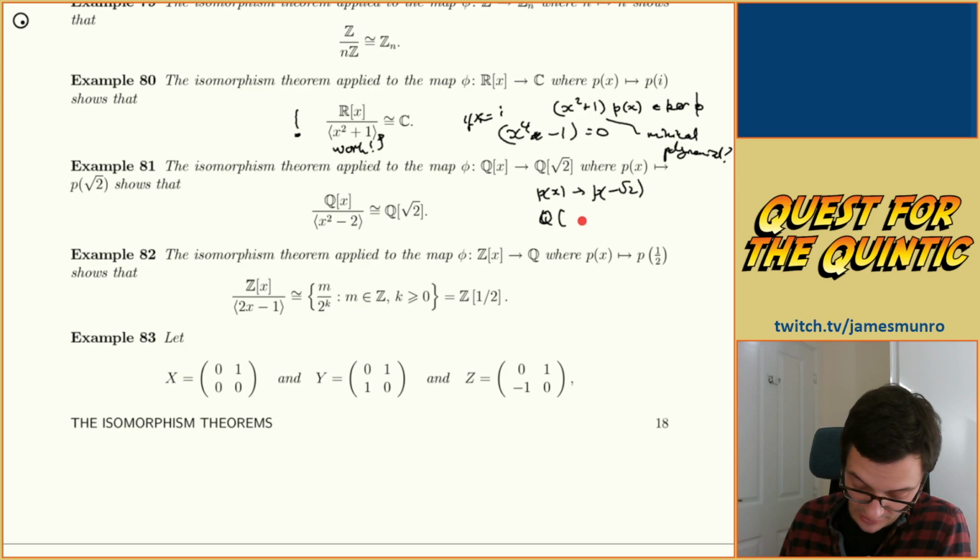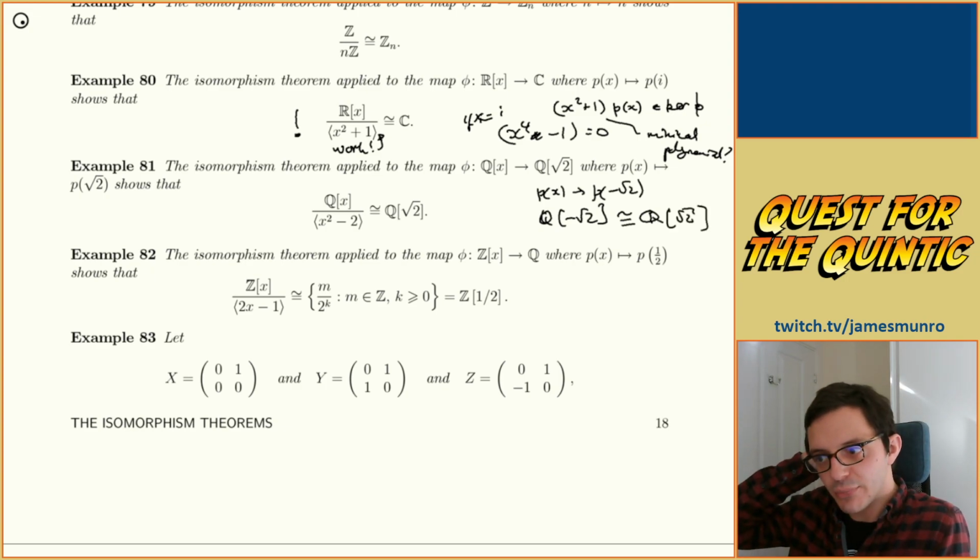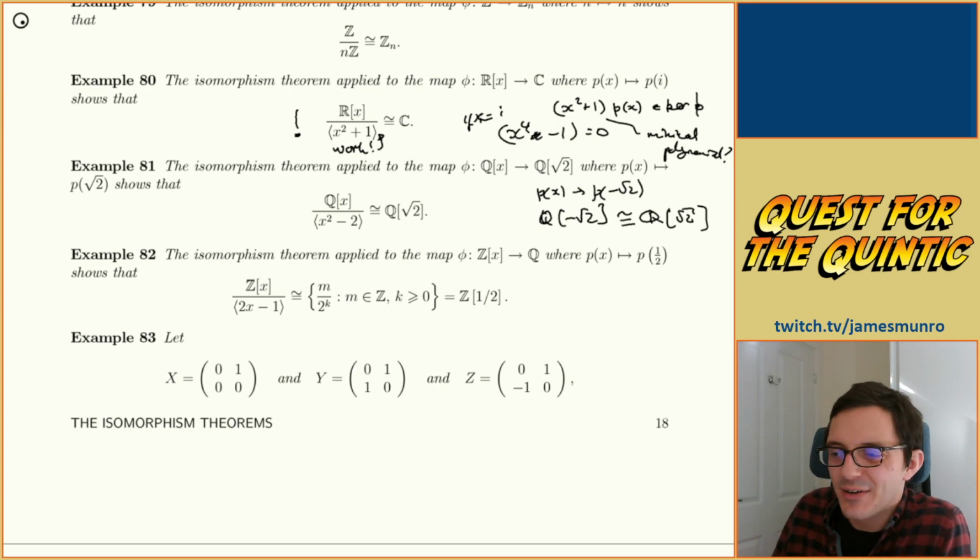We would get something like this, but that's isomorphic to q of root 2. I kind of doubt that that's important, but still, I enjoyed writing it down.